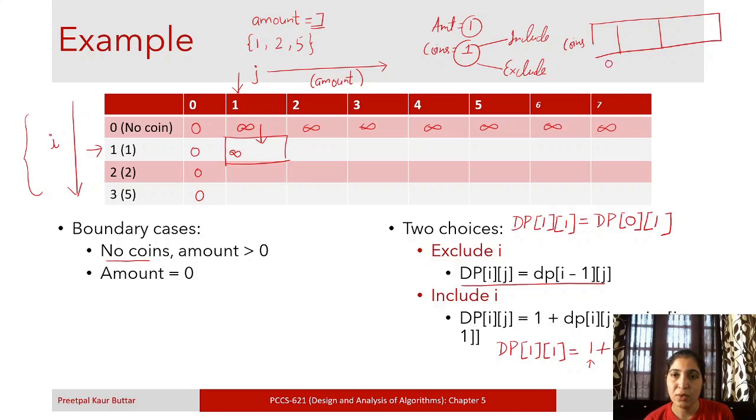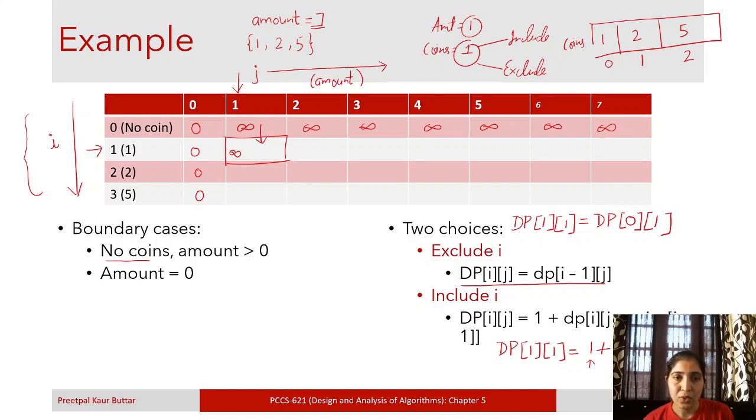You have 3 coins in this example, so it is an array starting from 0 till 2, and the value of the 0th coin is 1, the value of the first coin is 2, and the value of the second coin is 5.